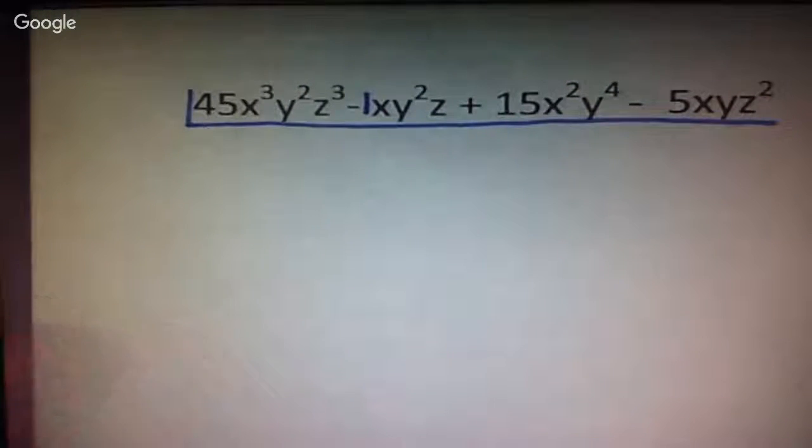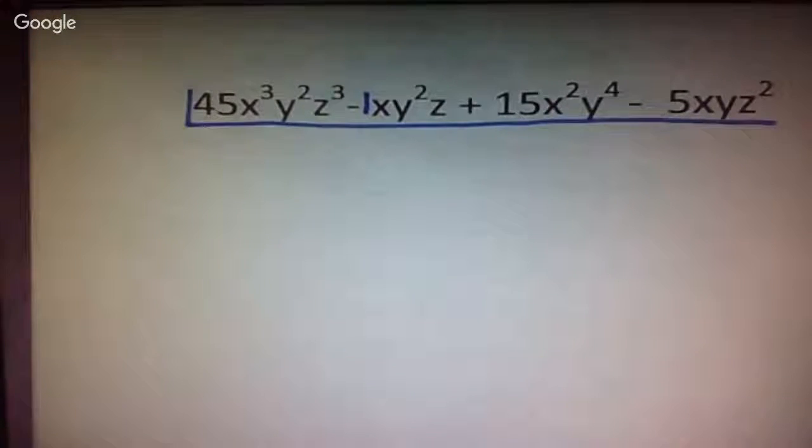I can't divide anything into 1 except for 1. So just because everything else is divisible by 5, I still can't do anything because of that 1. They all have to be divisible by that number. So be careful. If they don't have the number written there, write yourself in a 1.